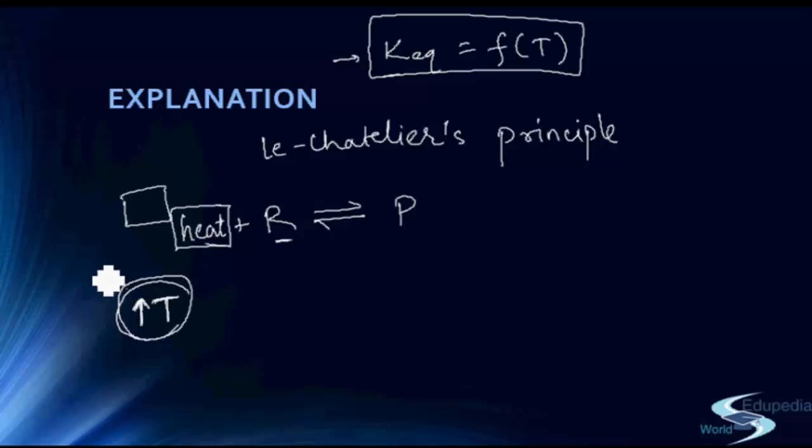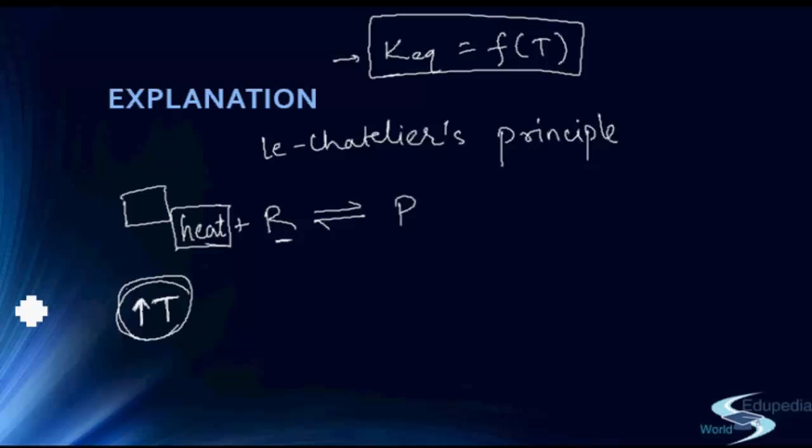And how can we decrease the temperature of a body? Temperatures can be decreased by getting rid of the heat or getting rid of energy. If we take away heat, then temperature decreases. So this system will decrease its temperature by absorbing more and more heat.